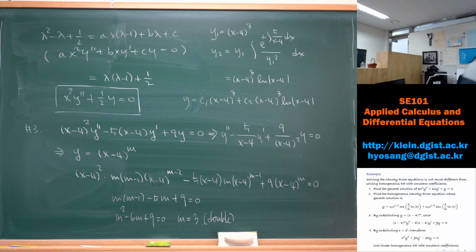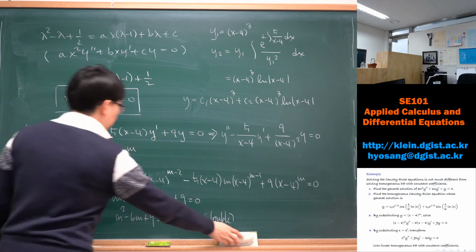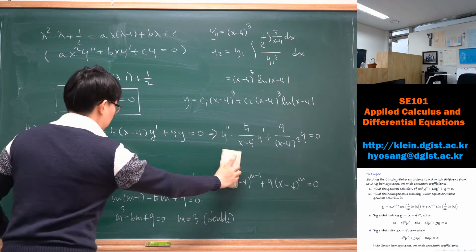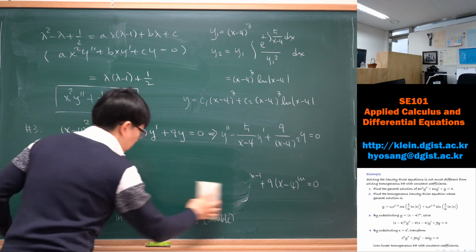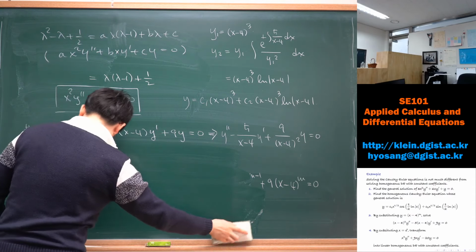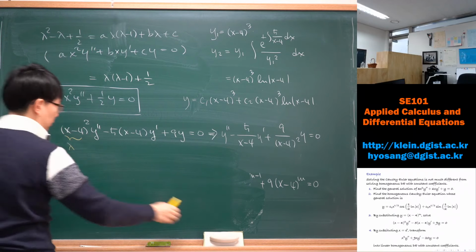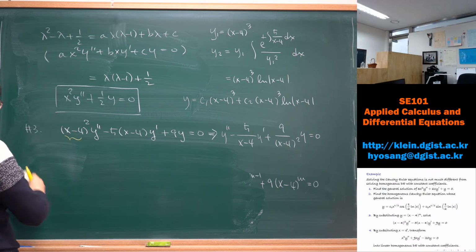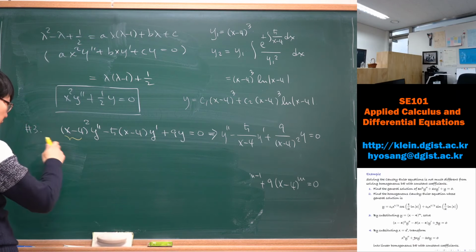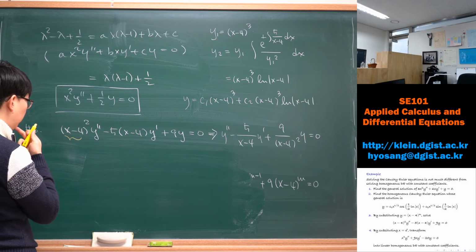So, if you're looking at this given differential equation, it almost looks like, let's say I replace this, not lambda. Let's say I want to replace that with t, okay?